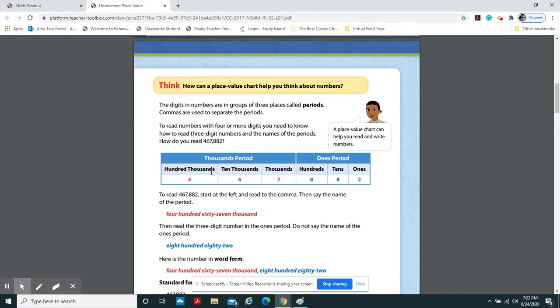So in our place value chart, we have periods that section off the ones, tens, and hundreds next to a comma. So the first period is the ones period. After ones period becomes the thousands period.